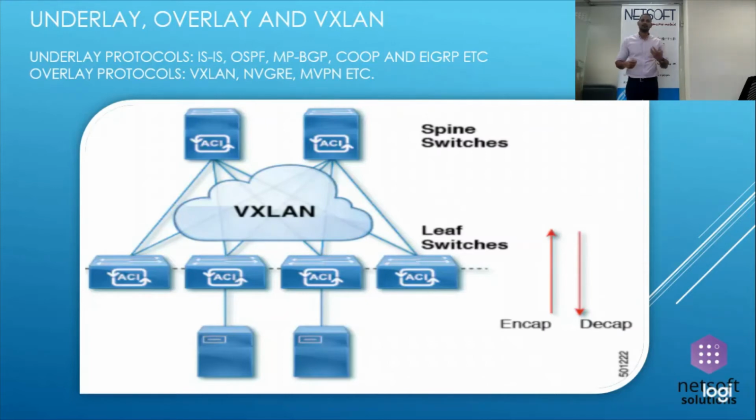And when we go with the overlay network, we create a virtual network on top of the physical network. That's what we call an overlay. For example, VXLAN is one example of an overlay network, MPLS VPN is an example of this overlay network, and GRE tunnels are also an example of an overlay network.